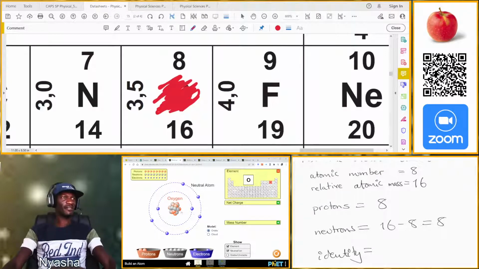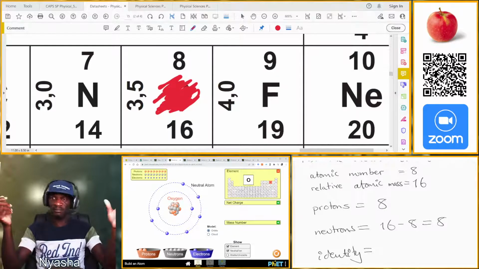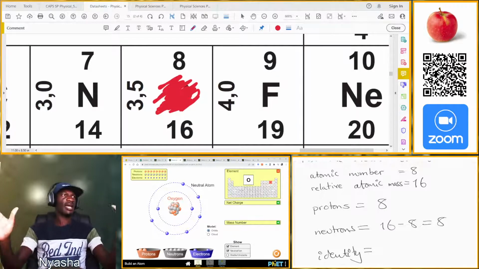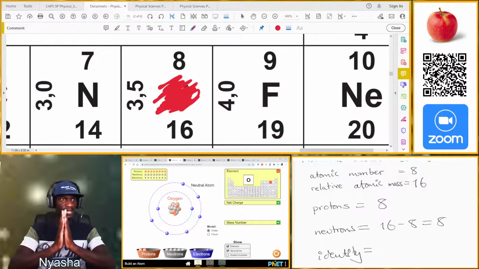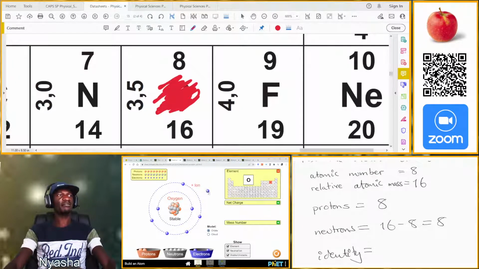Now we have our correct number of neutrons. We have an equal number of protons and electrons. Our atom is balanced, or it is showing it's stable, right? If we did not have enough of the electrons, we can already see an indication that this is now an ion.